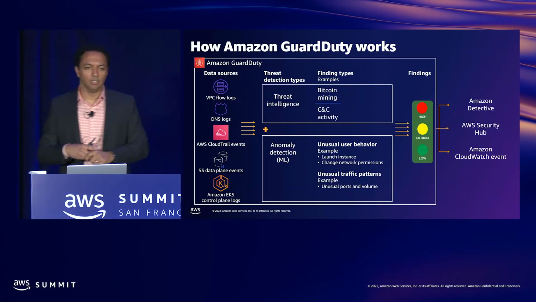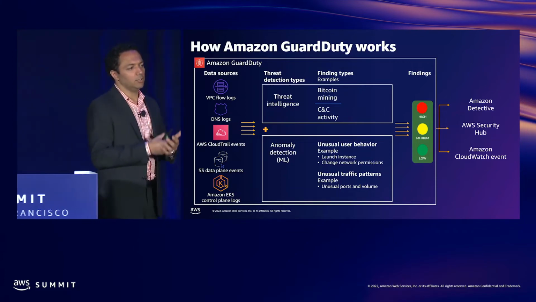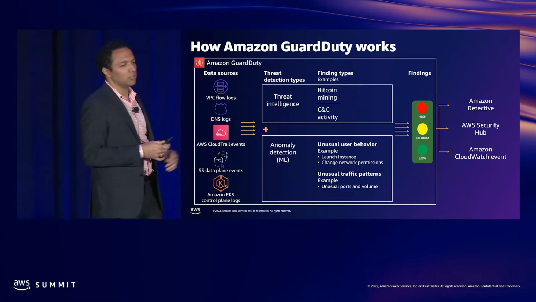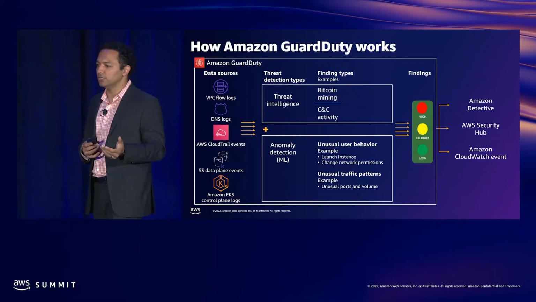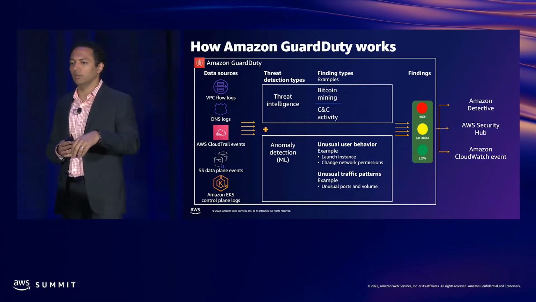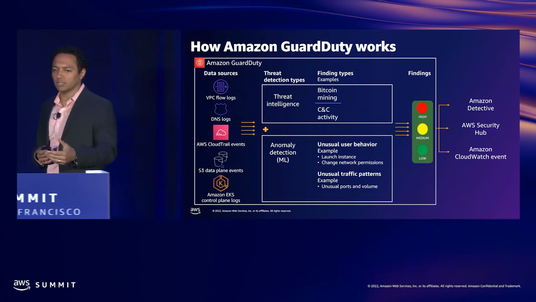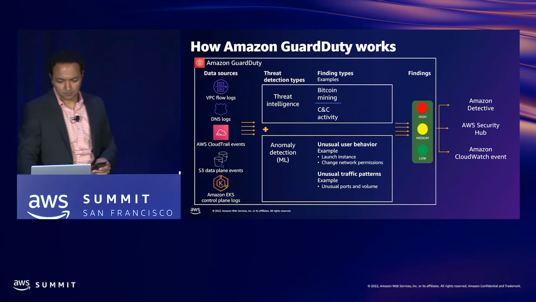So with the combination of those two, we report findings which are either a known threat or abnormal activity, and they are available in the console in the form of GuardDuty findings with appropriate prioritization, and details on what resources were impacted and what actions you can take.